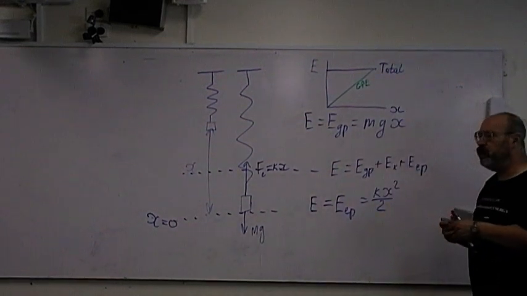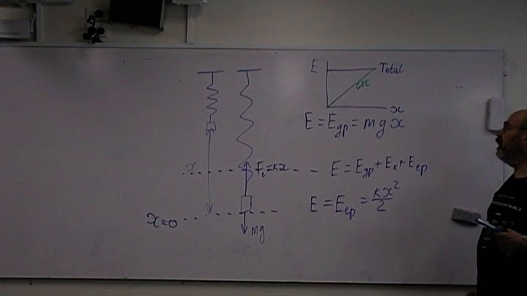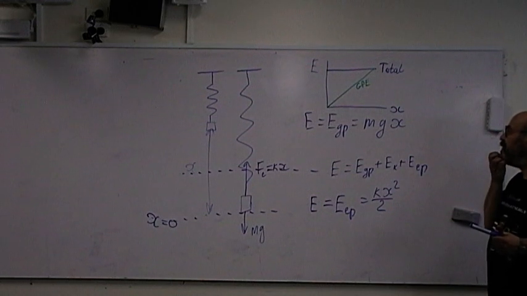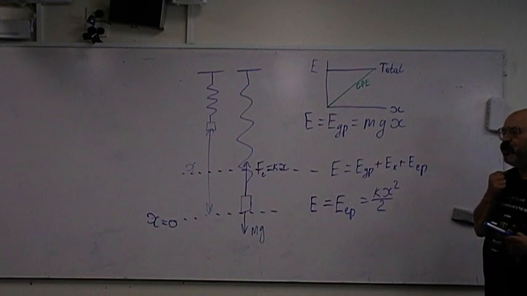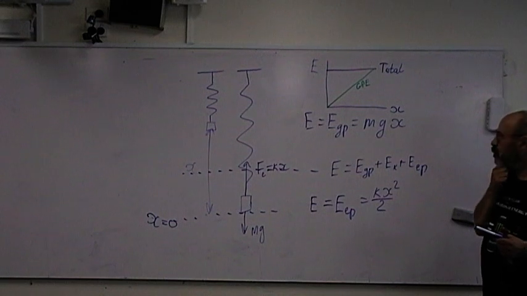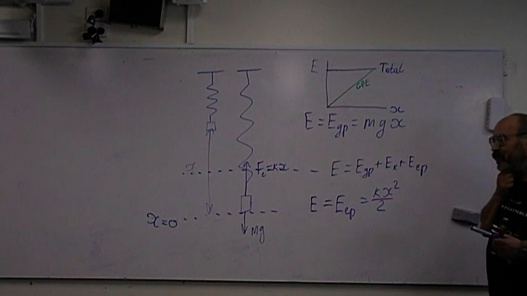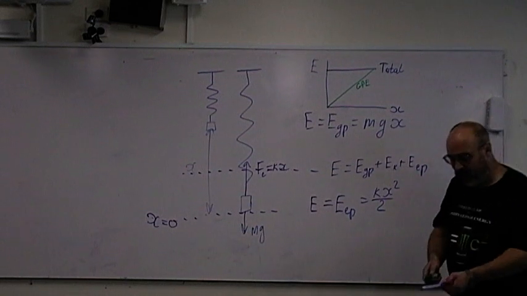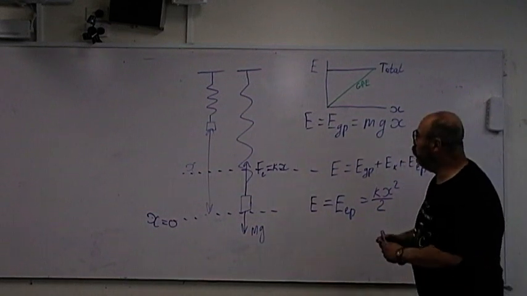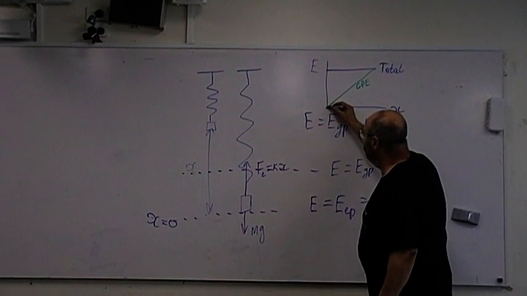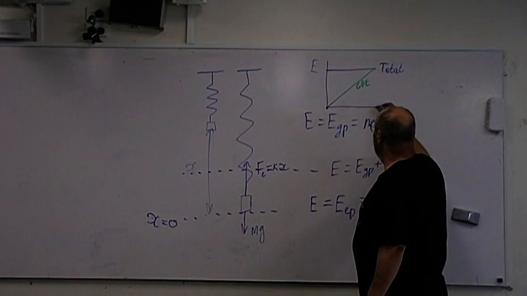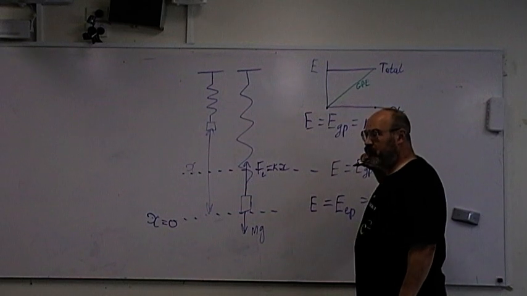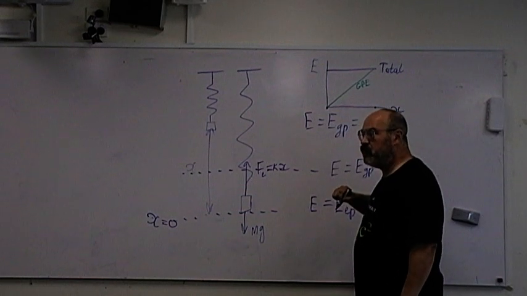Now, what will be the kinetic energy? How does the graph of the kinetic energy against x look? It peaks in the middle. It's a quadratic. It has to be 0 at the bottom and 0 at the top, and maximum in the middle.